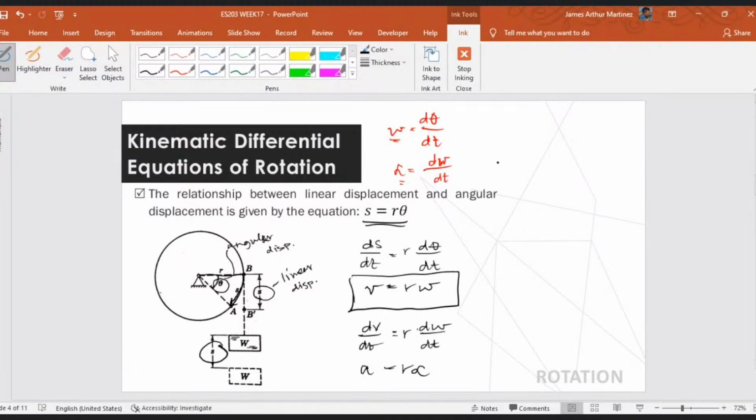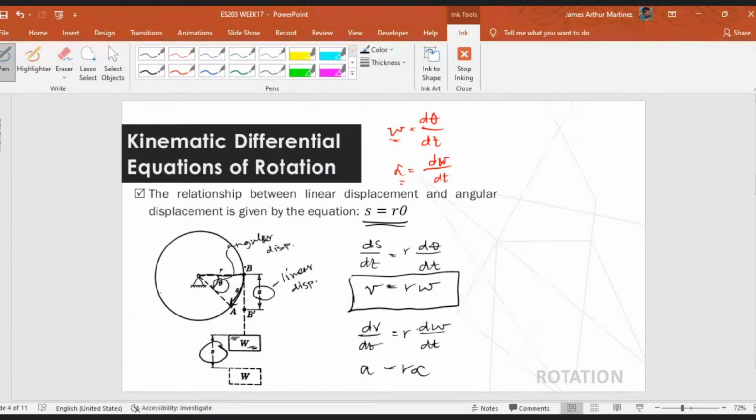So only one acceleration acts. However, when it comes to curvilinear translation, our approach is to resolve it into x and y components for projectile motion. And we also have the normal and tangential components of acceleration. So technically, whenever the path is curvilinear, we resolve it into normal and tangential components of acceleration.